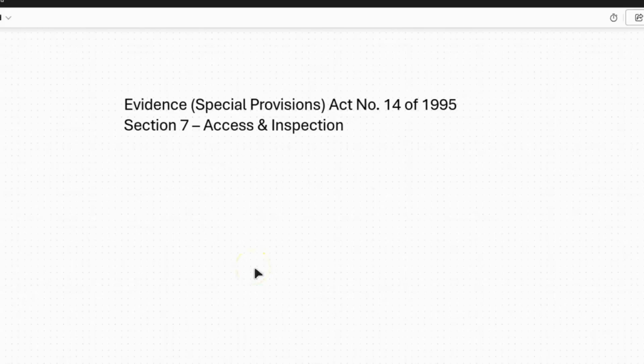They must give the other party a reasonable opportunity to inspect everything. If the party does not allow access or inspection, the court will not accept their computer evidence. In simple words, no inspection is equal to no computer evidence.